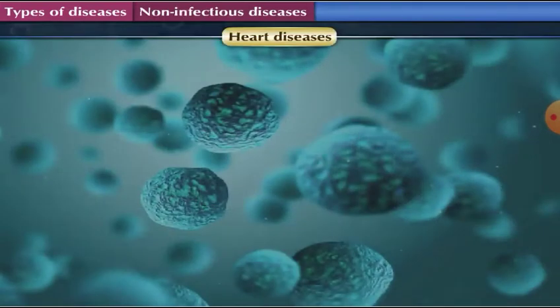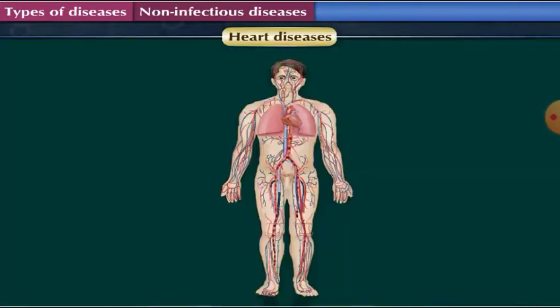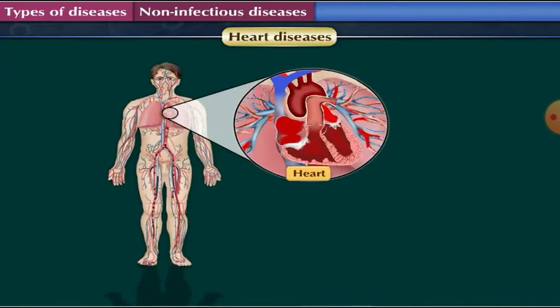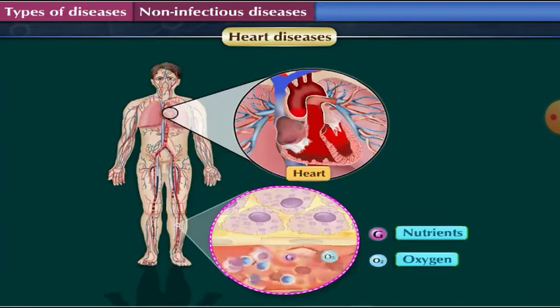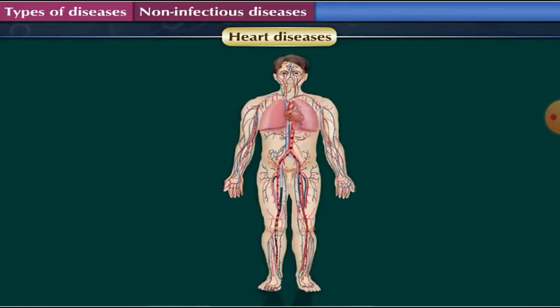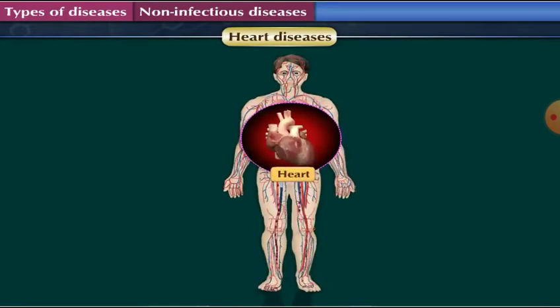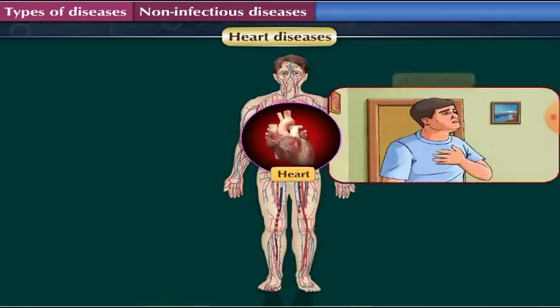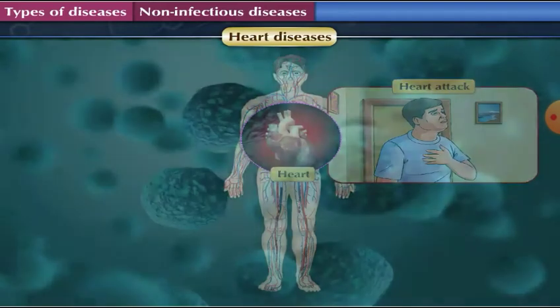Heart diseases. Efficiency of the heart decreases due to decreased blood supply and thereby oxygen and nutrient supply to the heart muscles. Due to this, heart has to perform more work that leads to stress on it. This may cause heart attack.